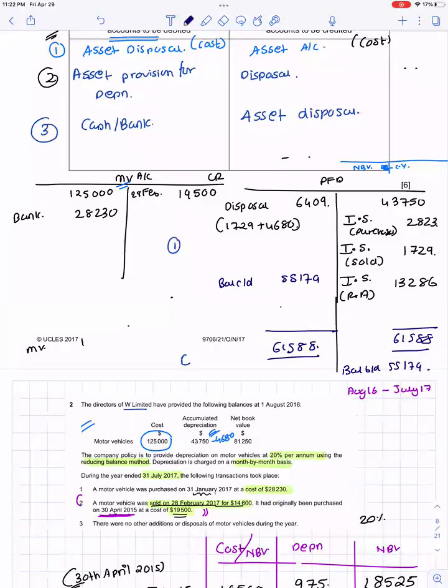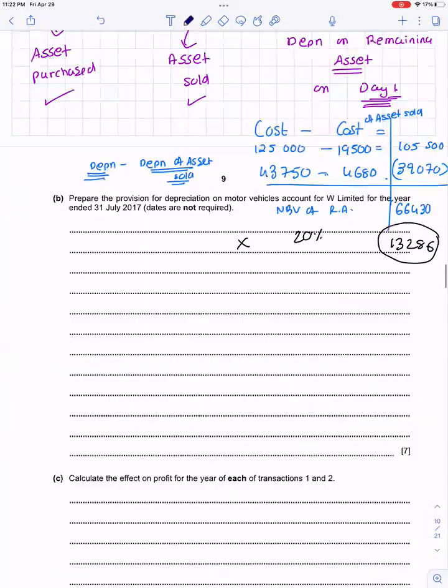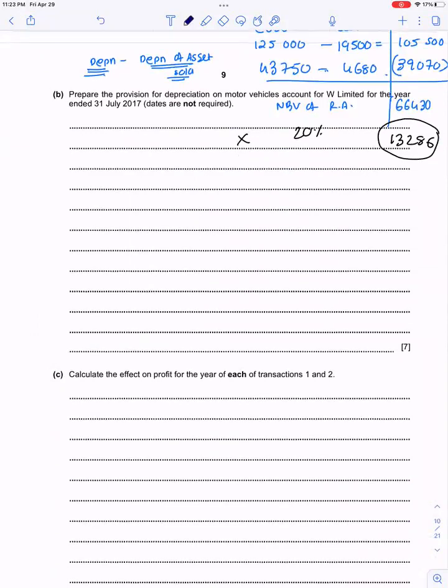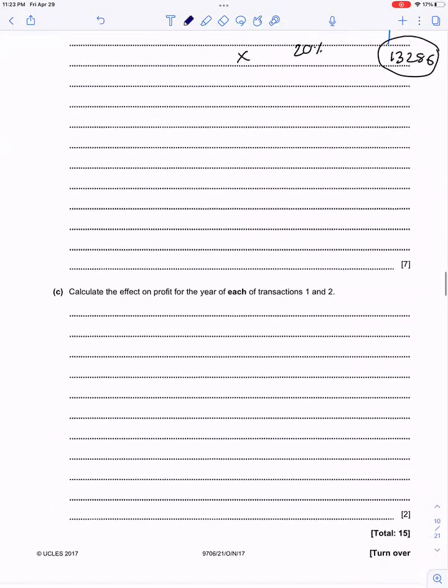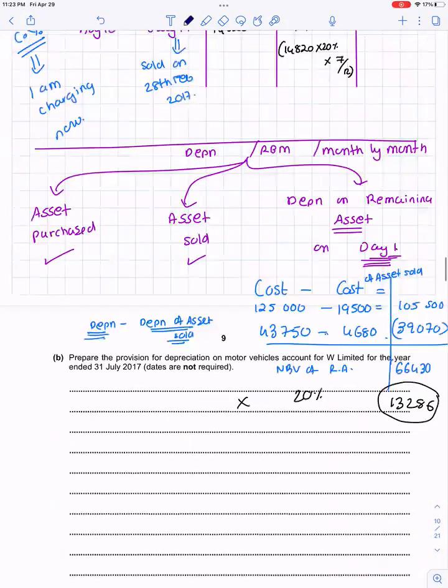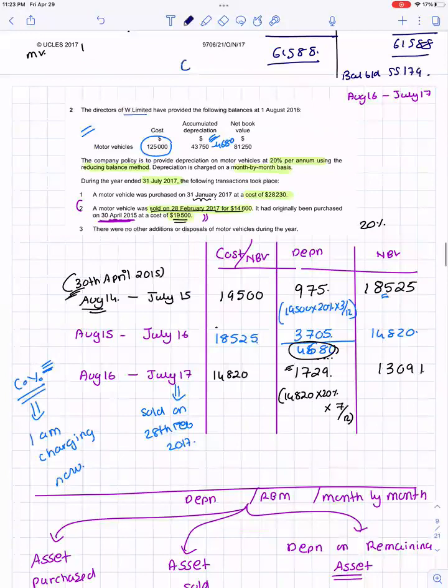I'll do the theory of this part and then you all can practice this again once more without me. Effect of profit for the year for transaction 1 and 2. What is my transaction 1?